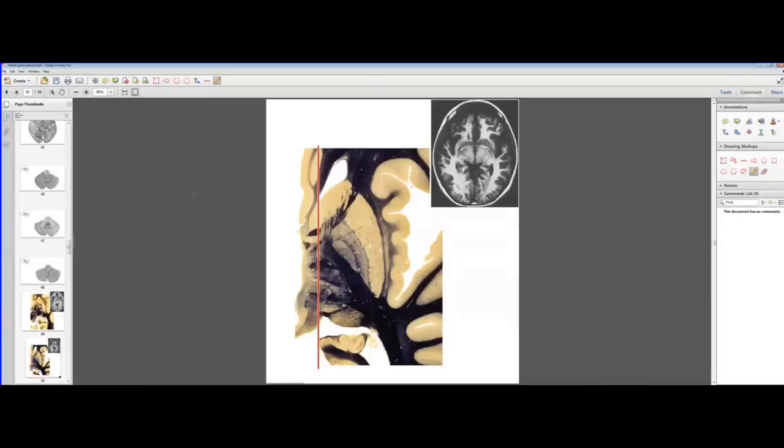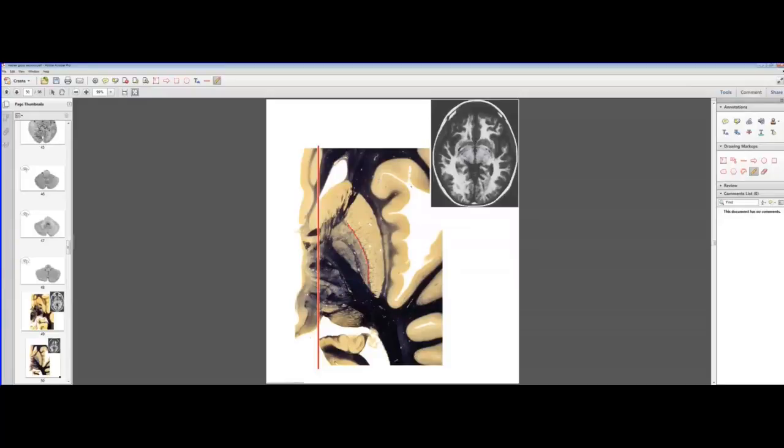Okay, so I don't want to spend a lot of time on these sections, but just as a review to get you oriented, you should know this is the lateral ventricle here, right? Okay. So what does that make this? The caudate nucleus. Okay, what about that? That would be the putamen. Right. How about this? The anterior limb of the internal capsule. Right.